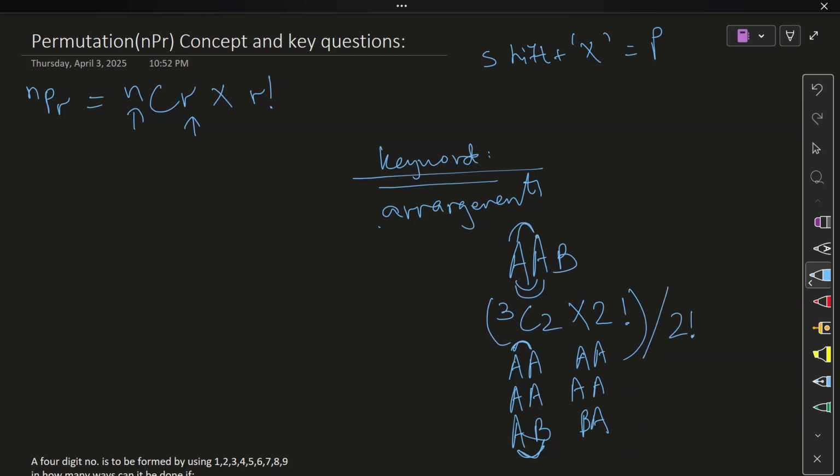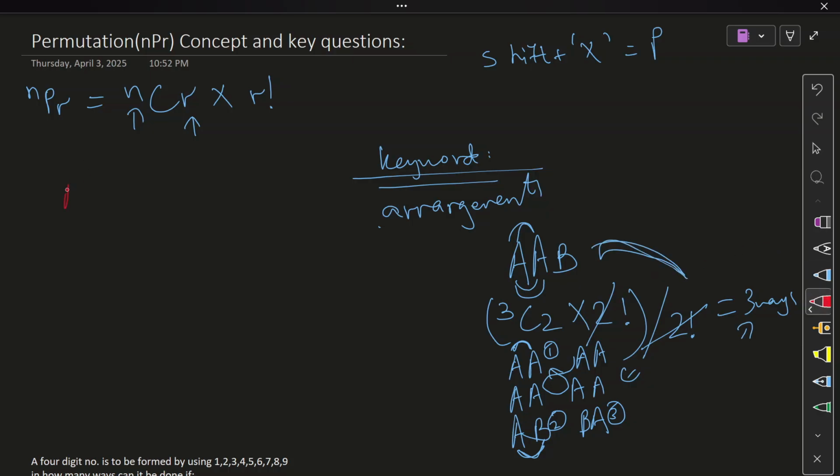The amount of something that repeats, I just put that in the denominator as a factorial. And that will cancel this out and it will give you 3 ways. And how is that 3 ways? See, 1, 2, 3. These all are the same as this. So 1, 2, 3. These are 3 different ways. And that's your answer. You can do it manually and you can also do it through this machine, permutations.